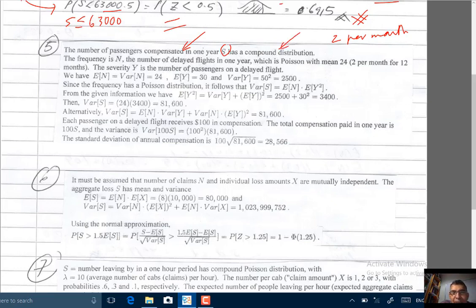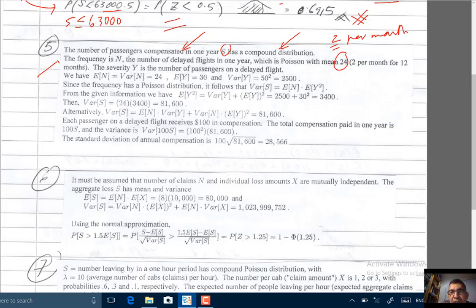The compound distribution here will be a compound Poisson because the frequency N is the number of delayed flights in 1 year. Flights are delayed at a Poisson rate of 2 per month, so for 12 months it will be 2 times 12, which is 24.